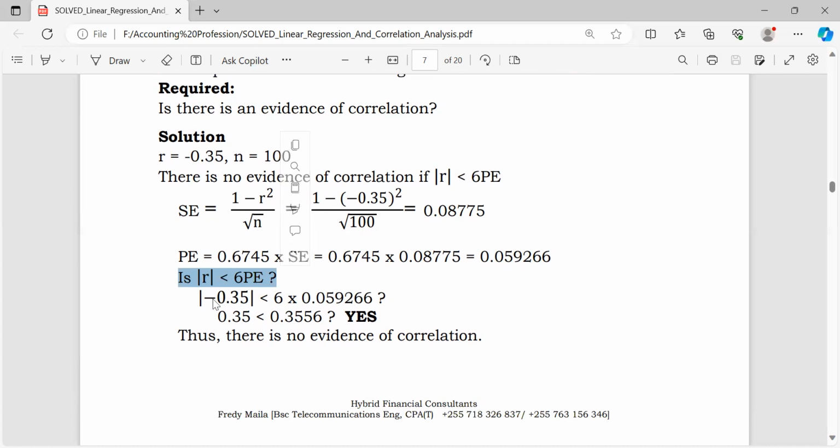The coefficient was negative 0.35, and 6 times the probable error is 0.3556. Taking the absolute value, this one is positive, so 0.35 is less than 0.3556. Yes, 0.35 is less than this figure. And since it is less, we say that there is no evidence of correlation.